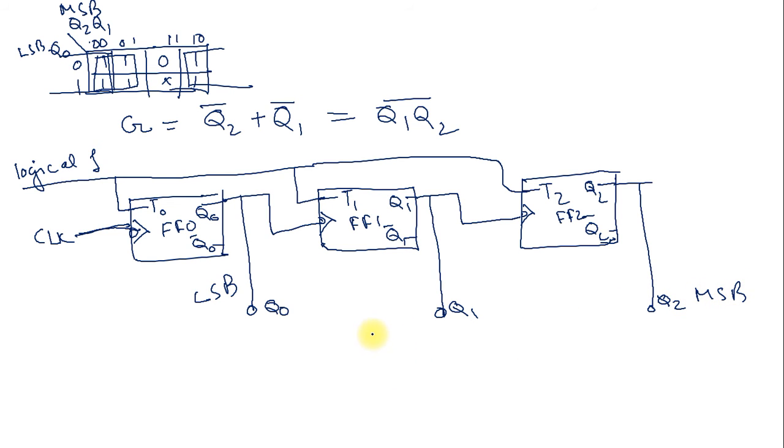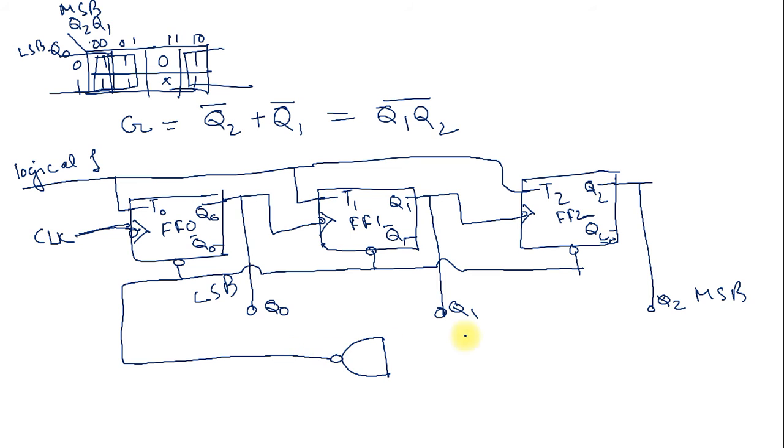So I am connecting one NAND gate here. The clear input is active low, so I am providing a circle and connecting all the clears to the NAND gate, whose inputs are Q1 and Q2.